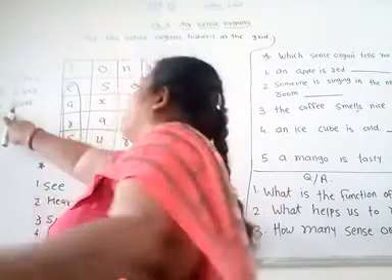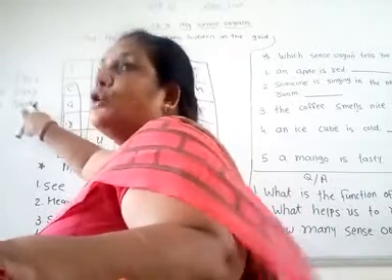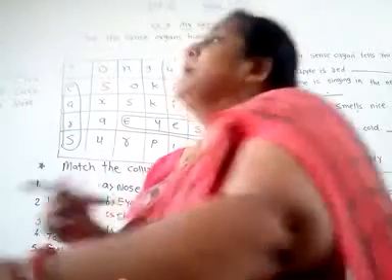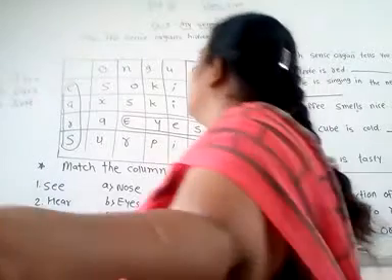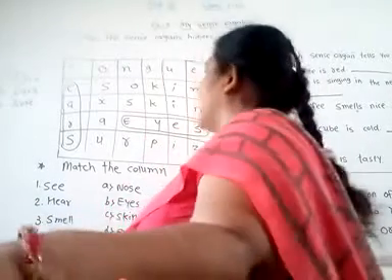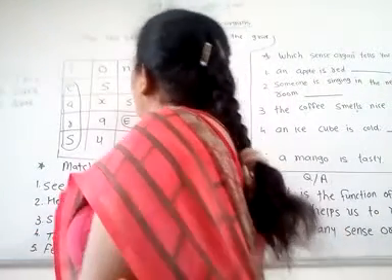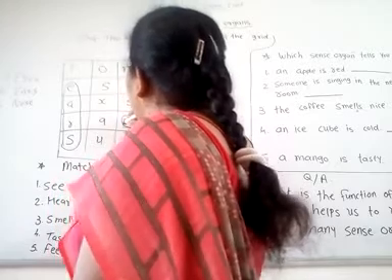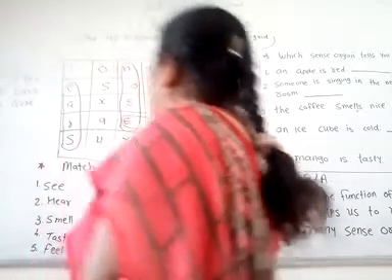What is the spelling of nose? N-O-S-E. And what is the function of nose? To smell and breathe air into our body. So we have to find out ears and nose. So where is nose? N-O-S-E. This is our third sense organ.